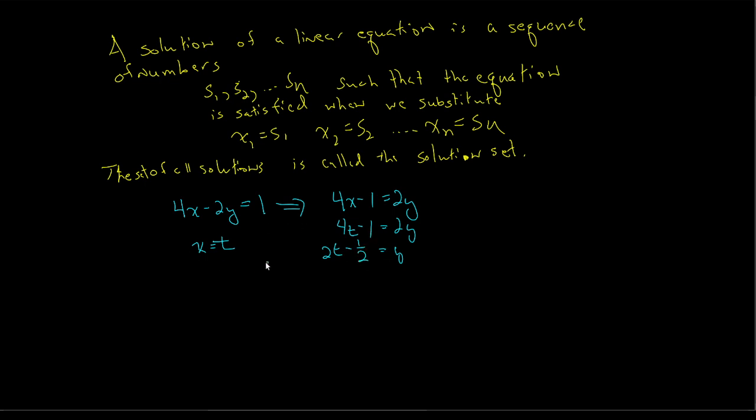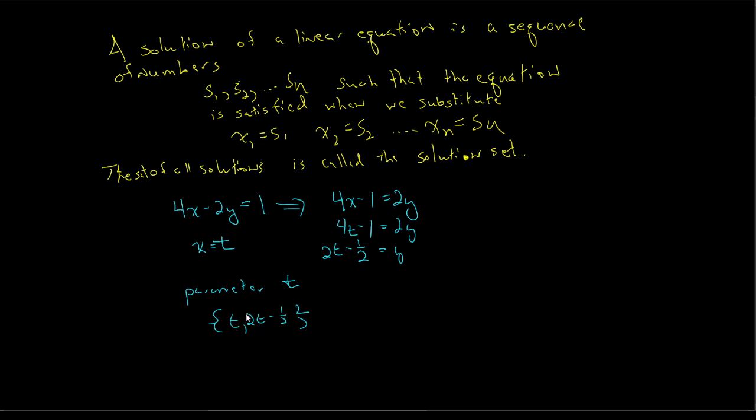And so now we have a formula that, using an arbitrary number or a parameter, gives any specified values that we need. So we can see this is the set of t, comma, 2t minus 1/2, which would satisfy x1 and x2, or in this case x and y.